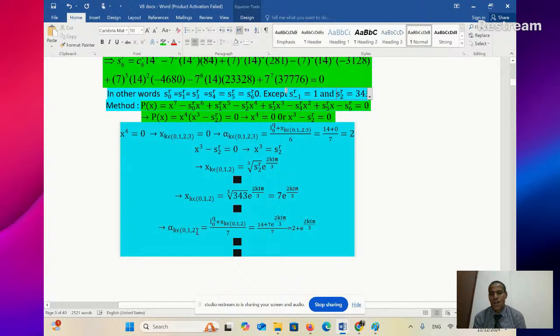Now the roots of this are the x subscript k roots, from 0 to 2. So 14 plus 7 exponential 2k I pi over 3, all divided by 7. 14 divided by 7 is 2. 7 divided by 7 is 1 times exponential 2k I pi over 3.